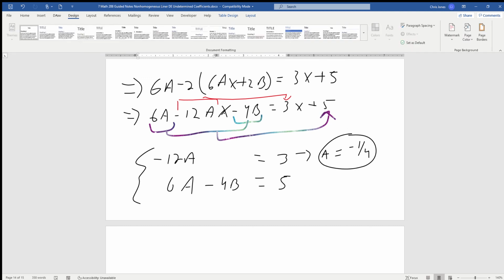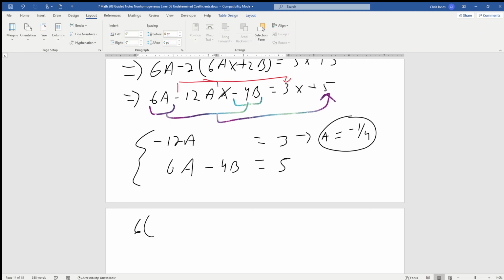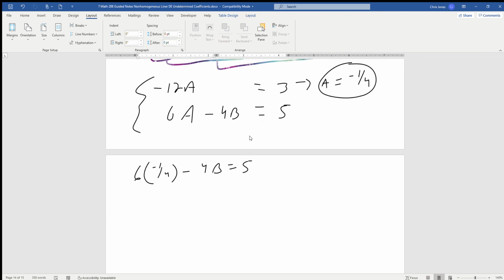Then if we substitute negative 1/4 back in, 6 times negative 1/4 minus 4b equals 5. I'll solve that quickly, and I wind up with b equal to negative 13/8. So now we finally have our particular solution.